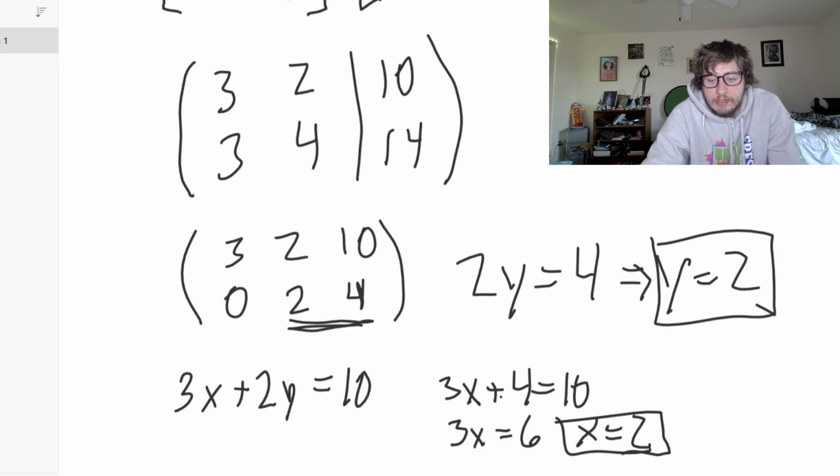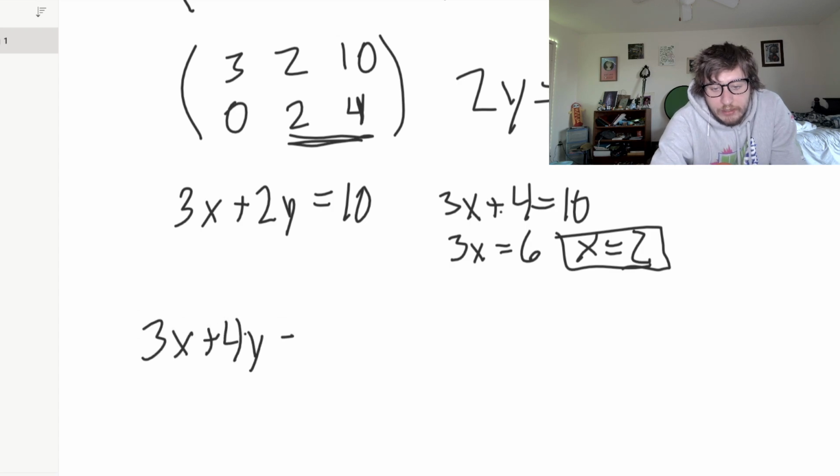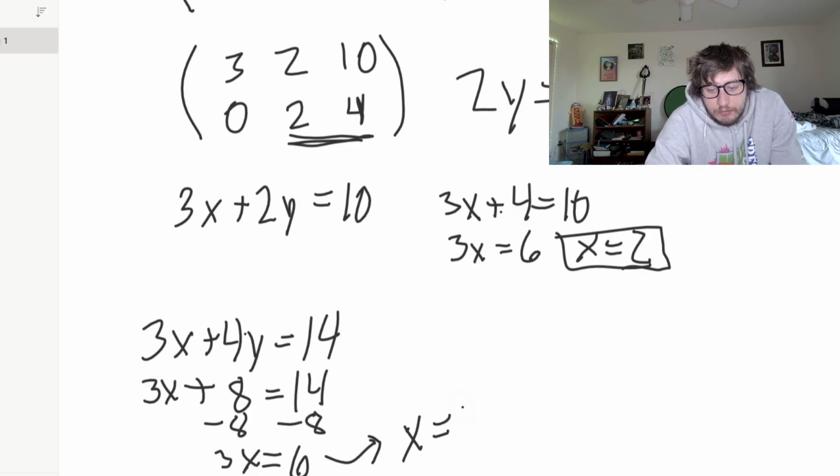See how that works? And likewise, if we try this again with 3x plus 4y equals 14, we get 8 plus 3x equals 14, and subtract 8 from both sides, we get 3x equals 6 again, and x equals 2.